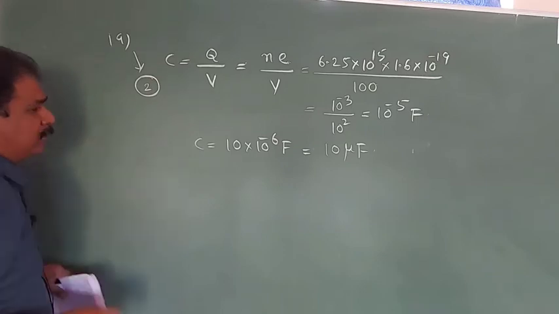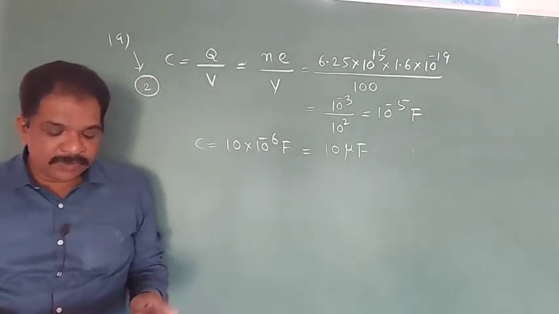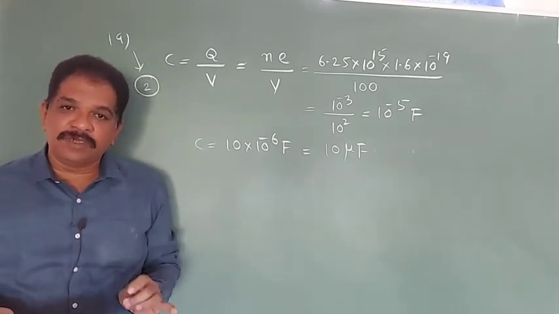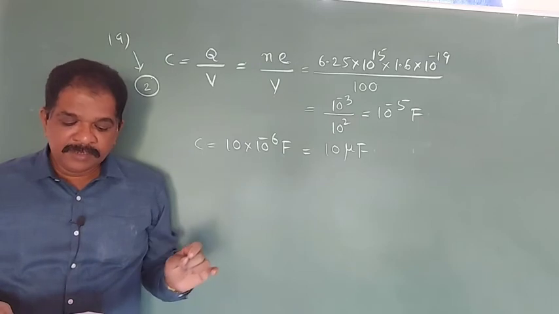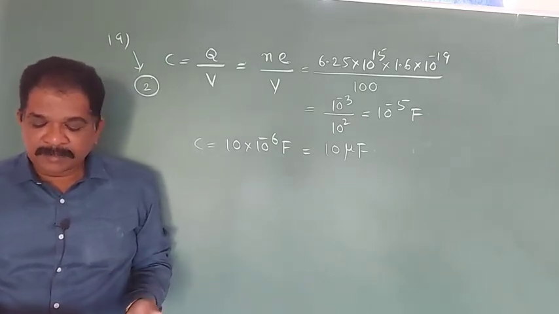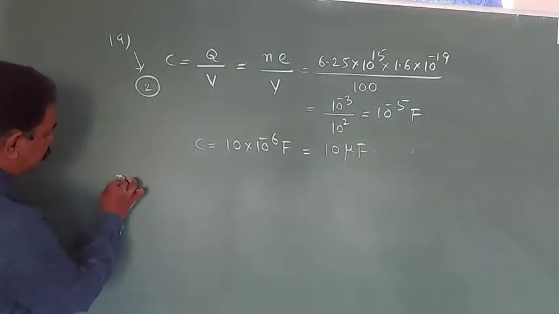Next, 20. The potentials of the two plates of the capacitor are 10 volt and minus 10 volt. The charge on one of them is 40 coulomb. What is the capacity? Simple only.